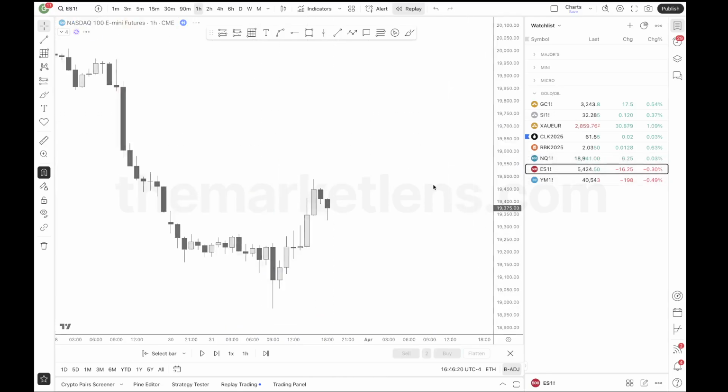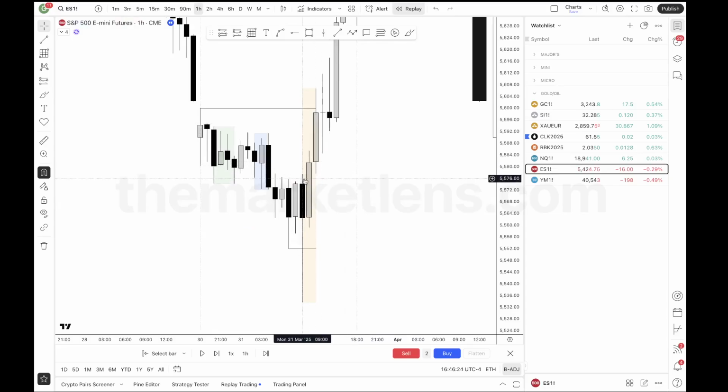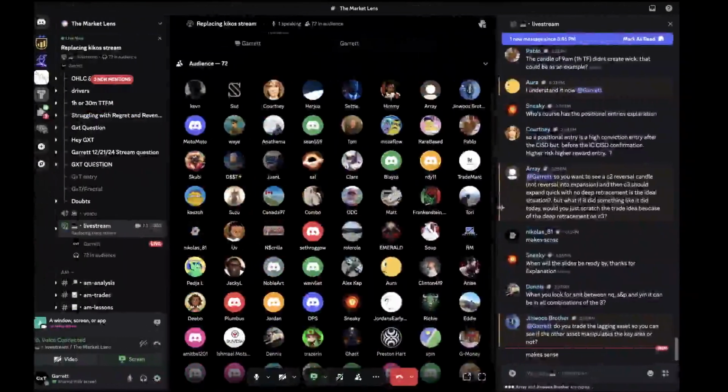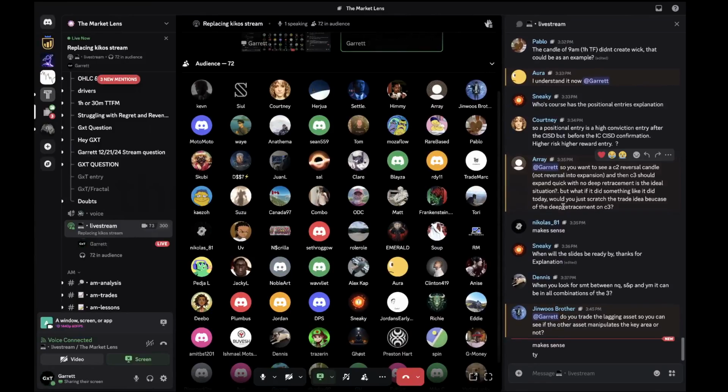So if I know that NQ and ES are going to hit these highs, then I can just trade ES to target these highs, right? Does that make sense? You can still trade the asset that's lagging, and just target the high that the stronger asset already hits, essentially.